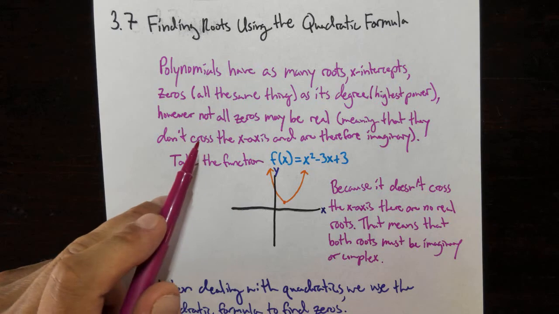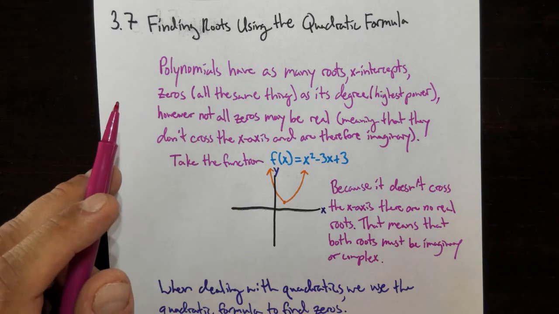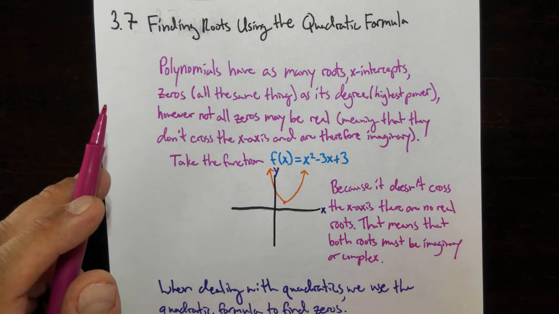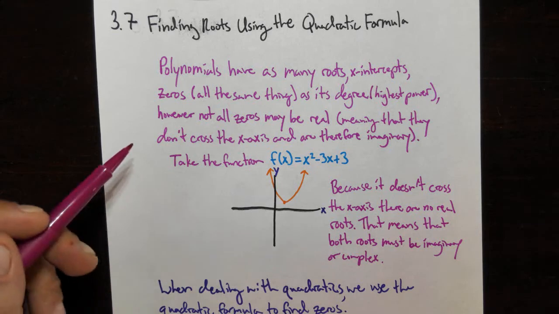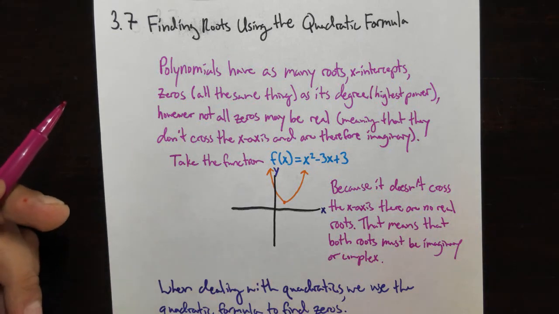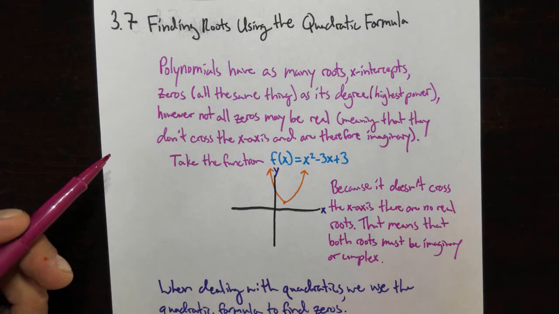However, not all zeros may be real, meaning that they don't cross the x-axis and are therefore imaginary or complex numbers. So take this function that I pointed out earlier, f of x equals x squared minus 3x plus 3, and I've graphed it here for us, and notice that it doesn't cross the x-axis at all.